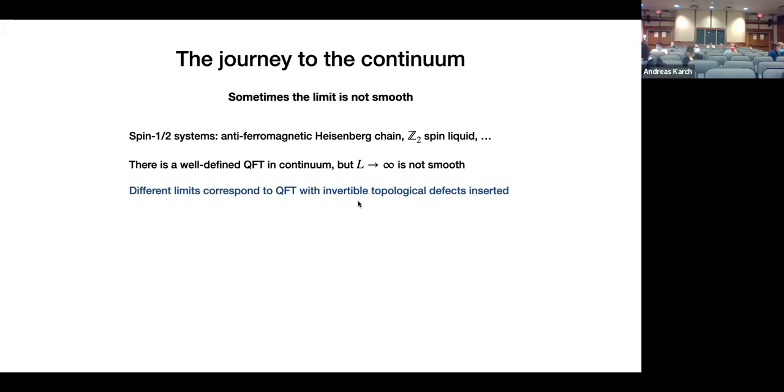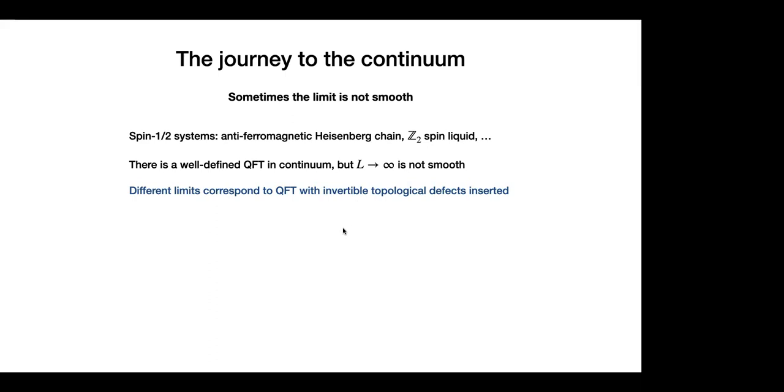But as we'll see, taking the limit of L goes to infinity is trickier here. Just to give a one-sentence summary, there are different limits depending on how we take L to infinity. The different limits correspond to quantum field theory with invertible defects inserted, which I'll say a lot more about later.